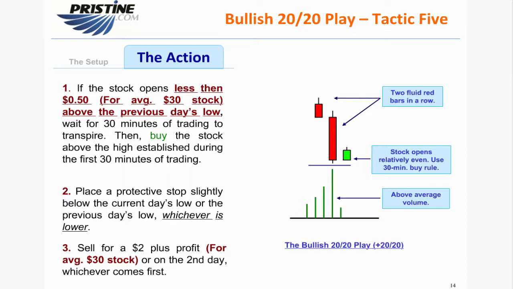If it triggers, your stop goes under either the low of the prior day or the low of the current day, whichever is lower, because it's possible the stock traded down off the open and then rallied back up. Okay, so then you'll look to sell this for a $2+ profit or on the second day.